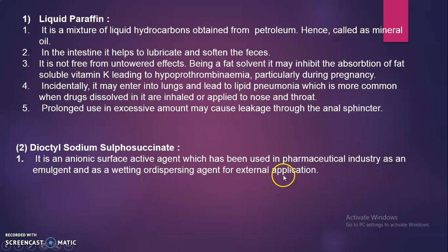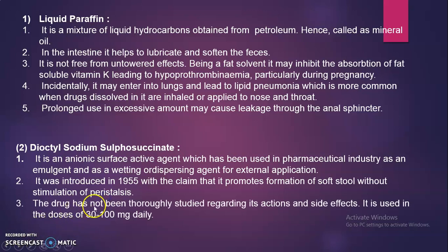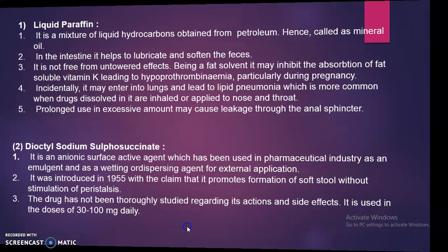It was introduced in 1955 with the claim that it promotes the formation of soft stool without stimulation of peristalsis, just like the action of liquid paraffin or mineral oil. The drug has not been thoroughly studied regarding its action and side effects. It is used in a dose of 30 to 100 milligrams daily.